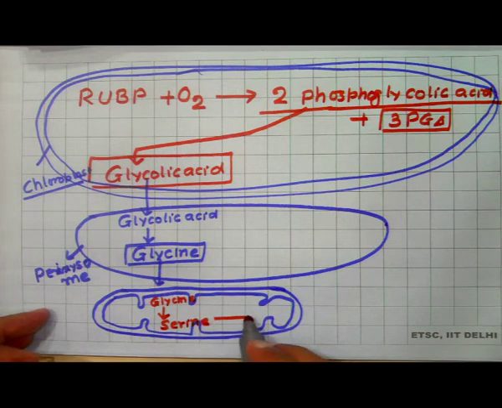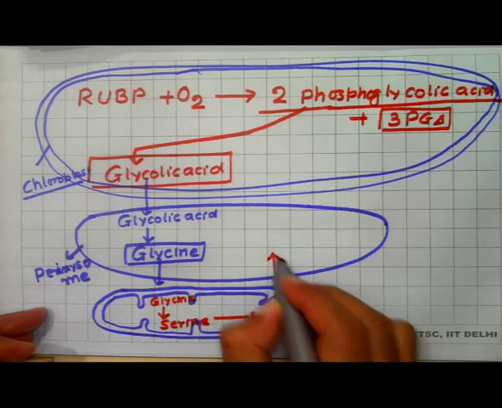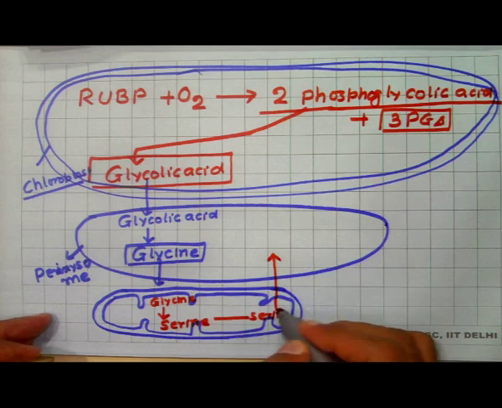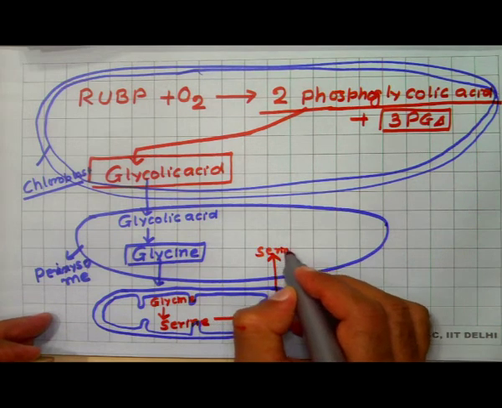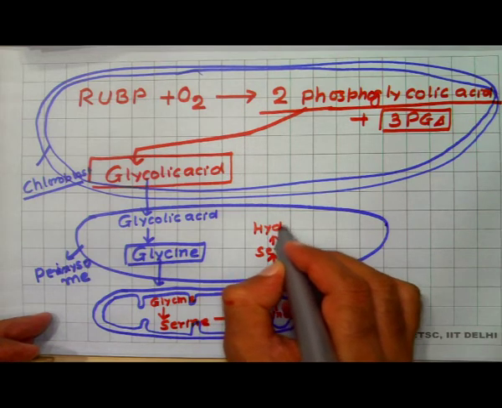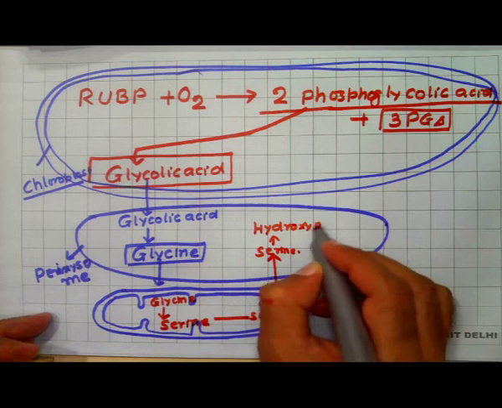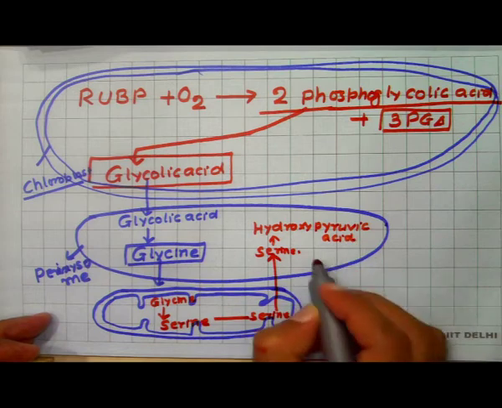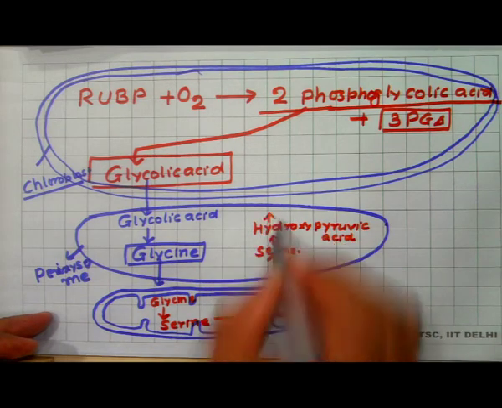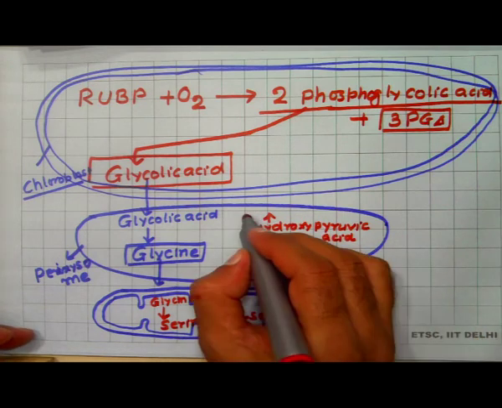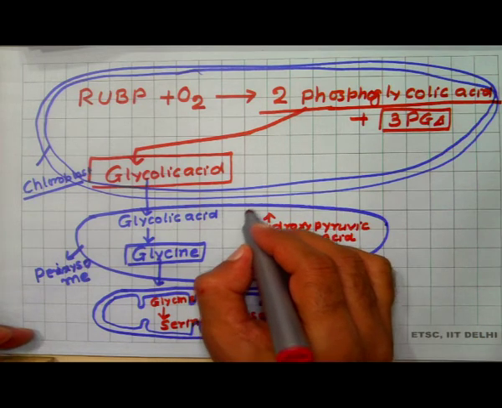Now, this serine returned back to the peroxisome, and here the serine is converted into hydroxypyruvic acid, and this hydroxypyruvic acid in peroxisome is also converted into glyceric acid.